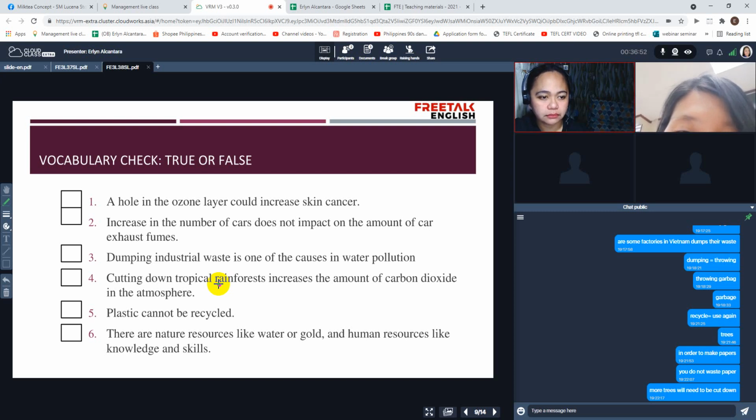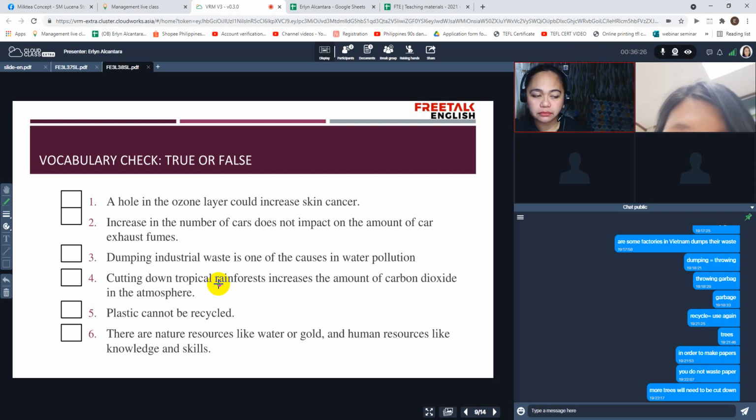Increase in the number of cars does not impact the amount of car exhaust fumes. Exhaust fumes. What is your answer?